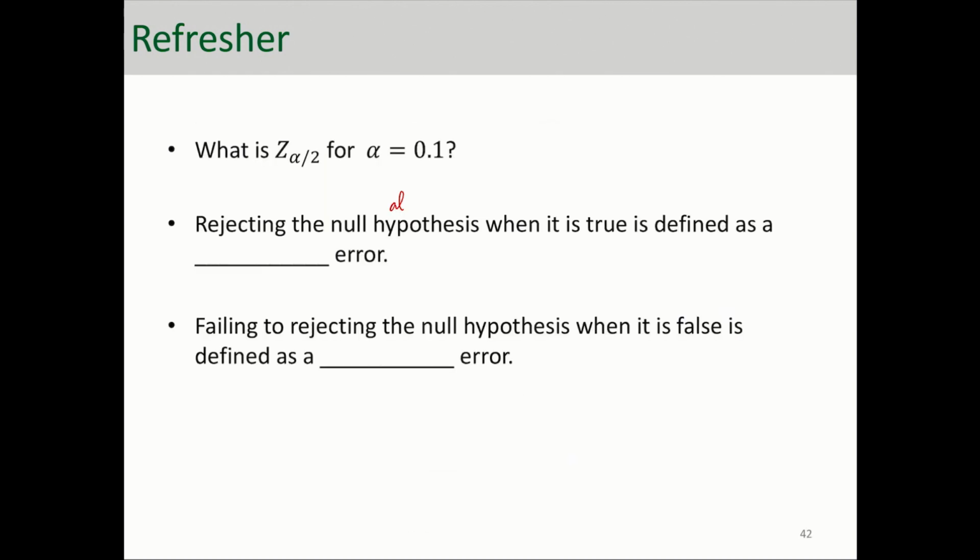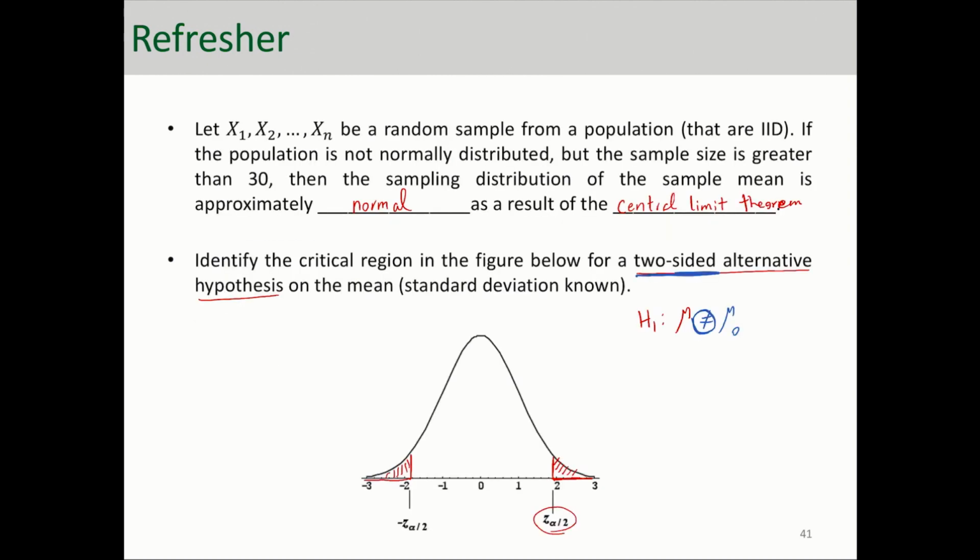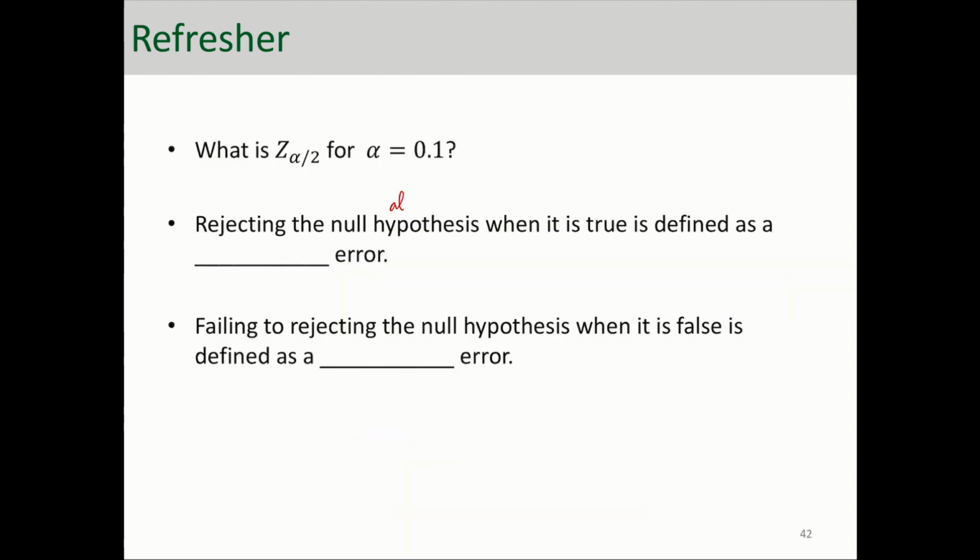So the critical region really depends on these two values, and those two values depend on alpha, right? The area under the curve on each side is alpha over 2. The sum of those two areas is alpha, which is the probability of type 1 error. We have to be able to read these values so we know where the critical region starts.